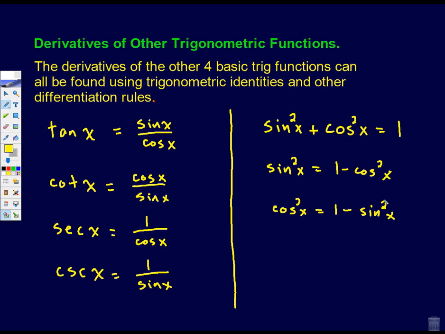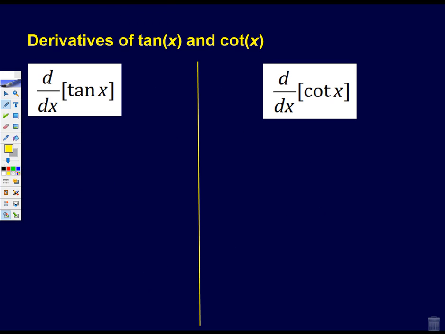So be ready to use any of those here as we go through the proofs of these other trigonometric functions. So for sure we needed to know these ways to write them, but it might come in simplifying their derivatives. I'm just going to say now it might come in handy that we know these trigonometric identities over here. Okay? So let's start with tangent and cotangent.